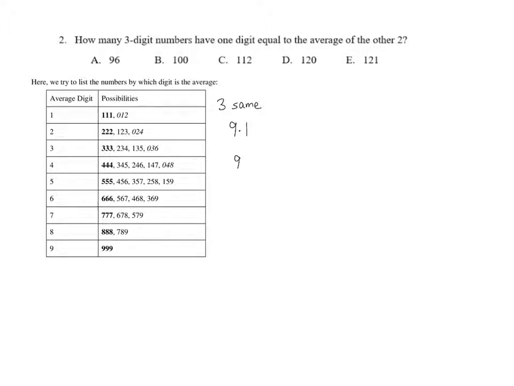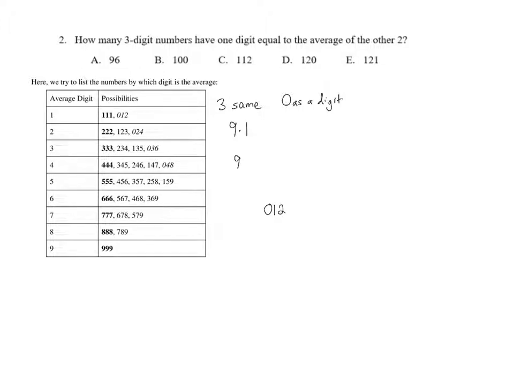Next, I want to look at the ones where I have a 0 as one of the digits, where it's italicized. You can see those. So we've got 0 as a digit. Now, we know that those numbers can't actually start with 0, because then it wouldn't be a 3-digit number, it'd be a 2-digit number. So for each of those, for example, down here, let's look at 0, 1, 2.